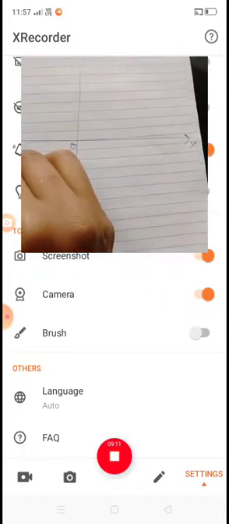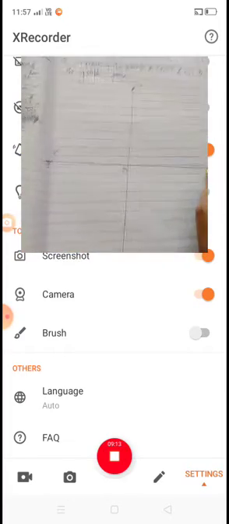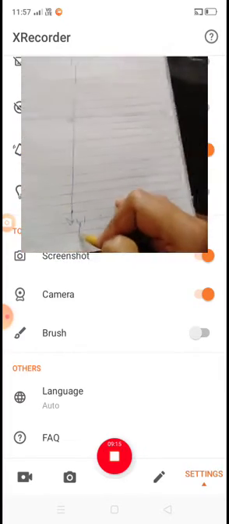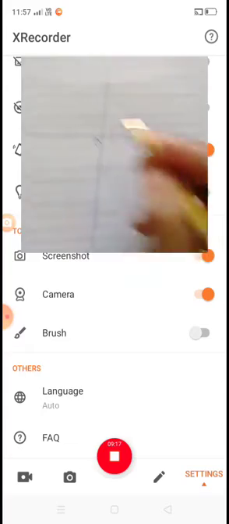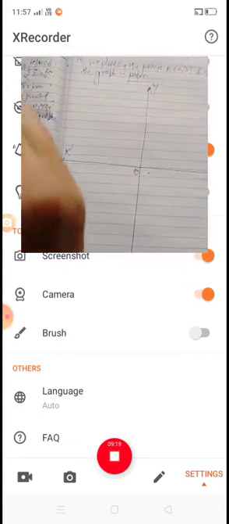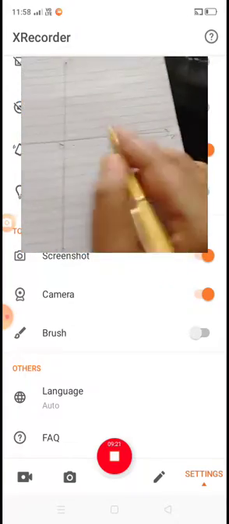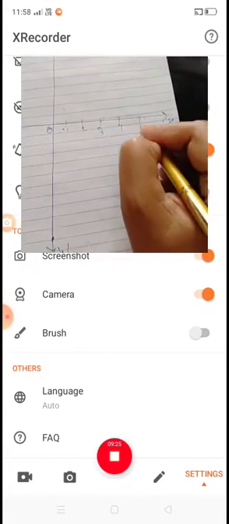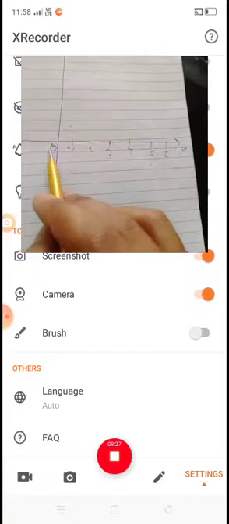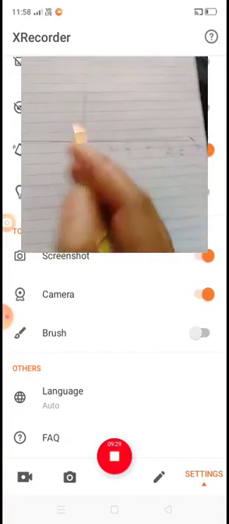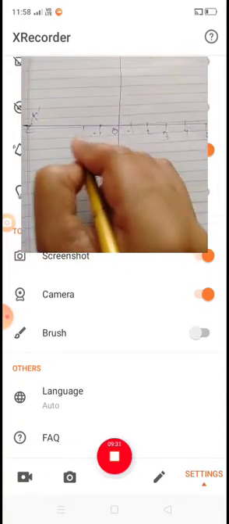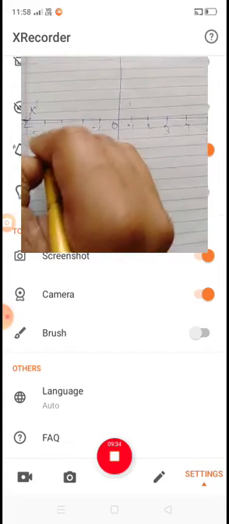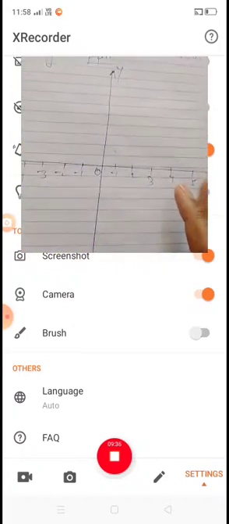This is the x axis, X'OX, and YOY' is the y axis. Take suitable points +1, +2, +3, +4, +5, +6. This is the positive direction of x. Here we take -1, -2, -3, -4 and so on.